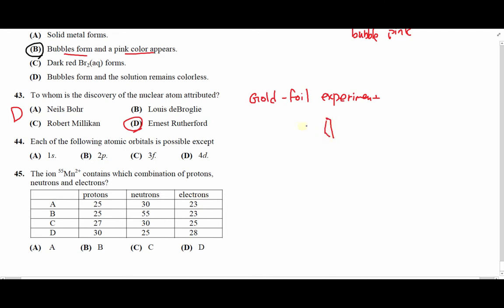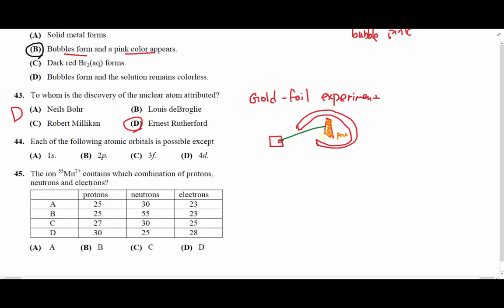Here's a gold foil, and then we have metal. I believe it's metal. We have a lead box with alpha particles in here that shoots at our gold foil. Okay, this is gold, and then we observe the deflection.